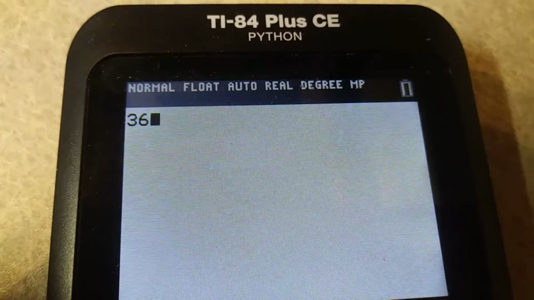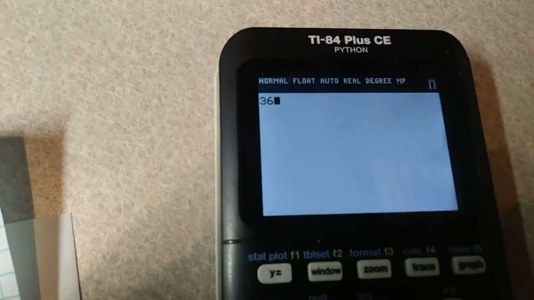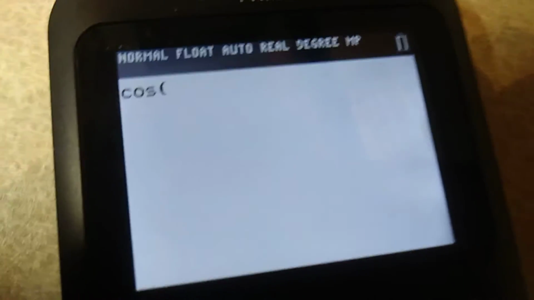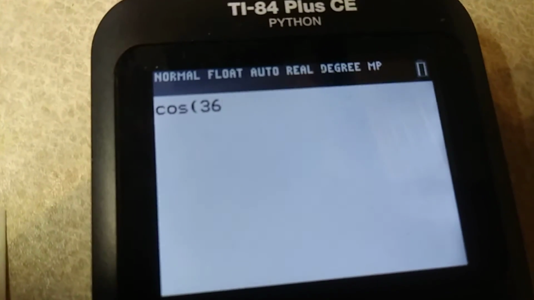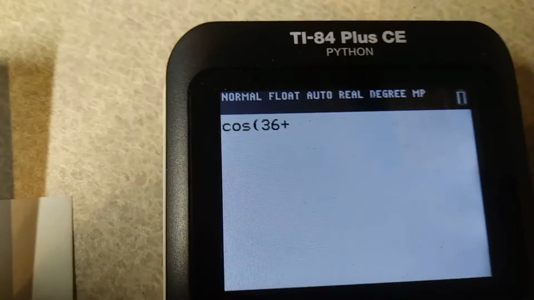Oh, wait a minute, we don't have to do it that way. We can just go right into it. The cosine of 36 plus our rotation.